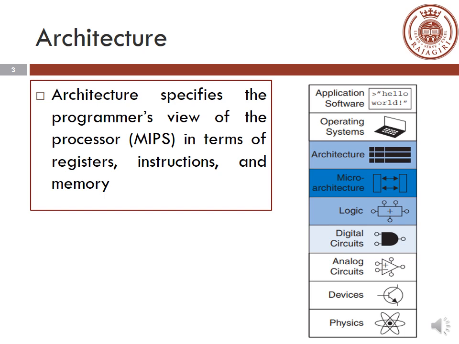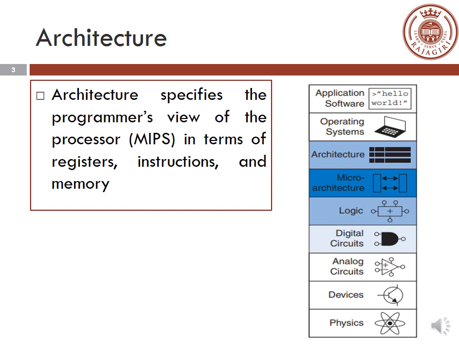The architecture here is defined as the programmer's view of the processor in terms of registers, instructions and memory. There are different architecture variants like MIPS, x86, PowerPC, etc. We have been studying MIPS as an example architecture in this subject.